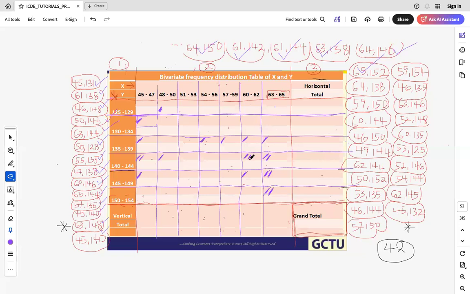Won't it be the column of 61? 61 is between 60 and 62. And then the 144 is coming from here. Okay. So that's how they met.